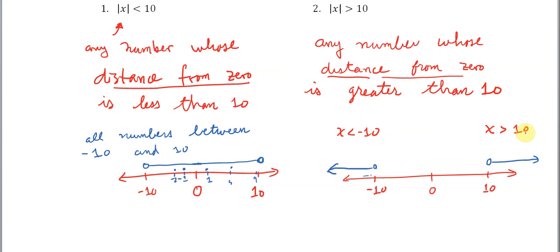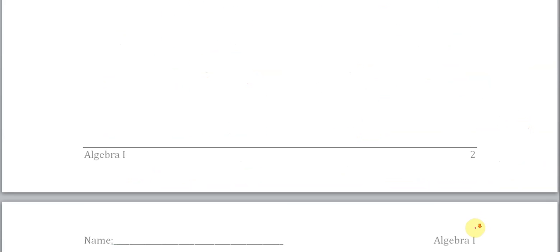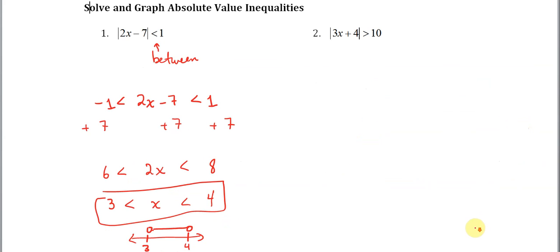Okay, so it's going to be on the outside, and we're going to do the same thing here with this absolute value expression. 3x plus 4 is less than negative 10, or 3x plus 4 is greater than positive 10.